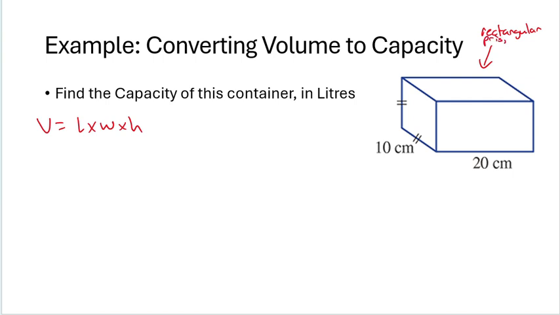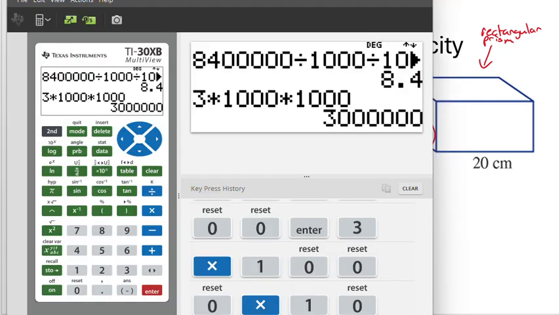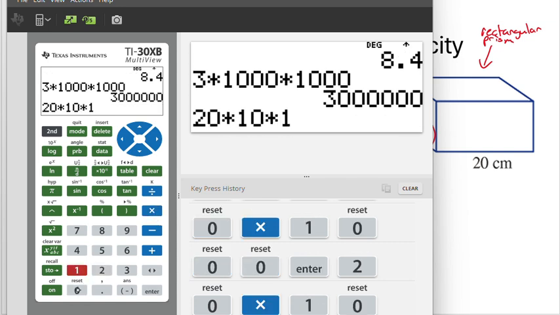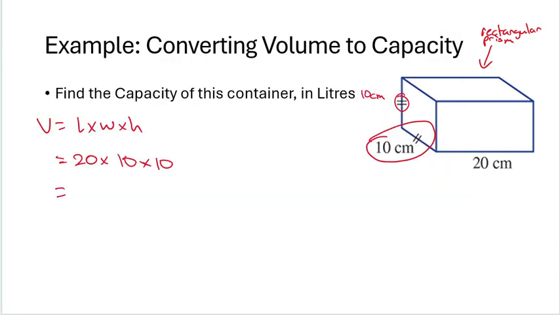So the length is 20, the width is 10, but because, as you can see here, I've got the double strokes, that means this is also 10 centimeters, so times 10 as well. If you were to type this on the calculator, 20 times 10 times 10 equals 2,000. So 2,000 centimeters cubed.